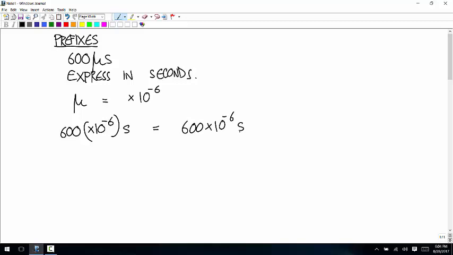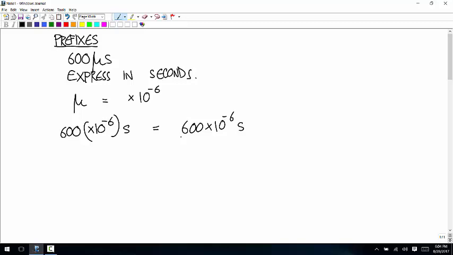That's not really scientific notation because we have more than one leading digit. So if you want to go from this to scientific notation, let's break this up into two pieces. There's a part before the times and a part after the times. What do you have to do to the 600 to make one leading digit?